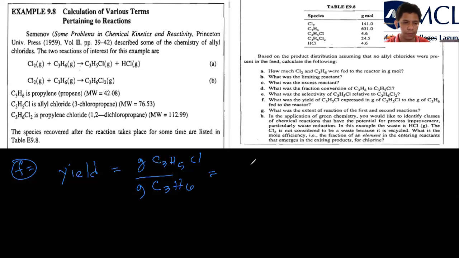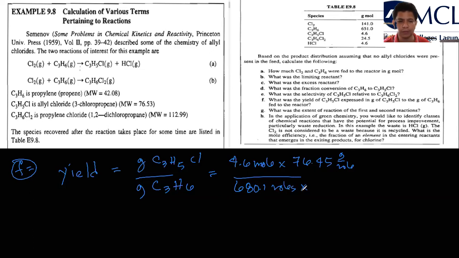So for C3H5Cl, we have 4.6 moles. Just multiply this by the molar mass of C3H5Cl, which is 76.45. And then for C3H6, we have 680.1 moles.